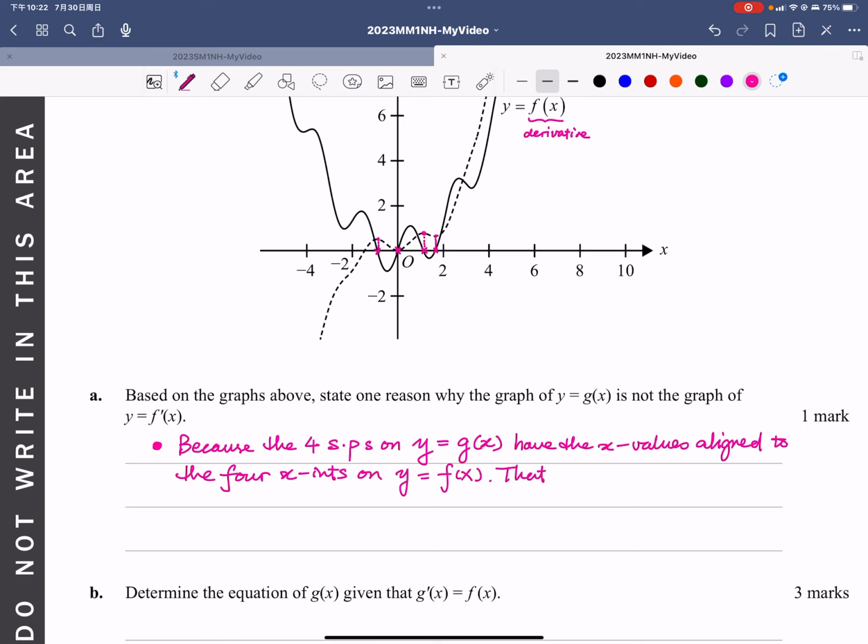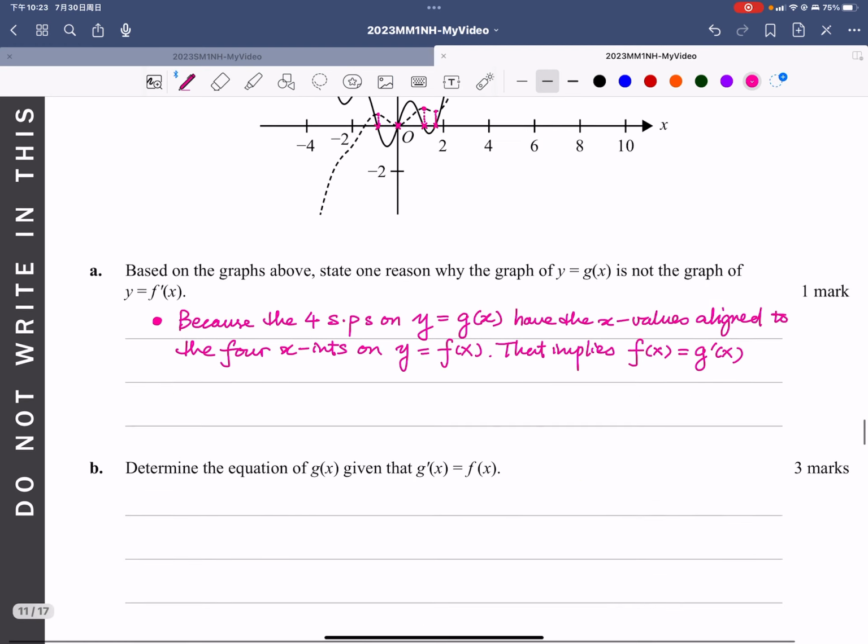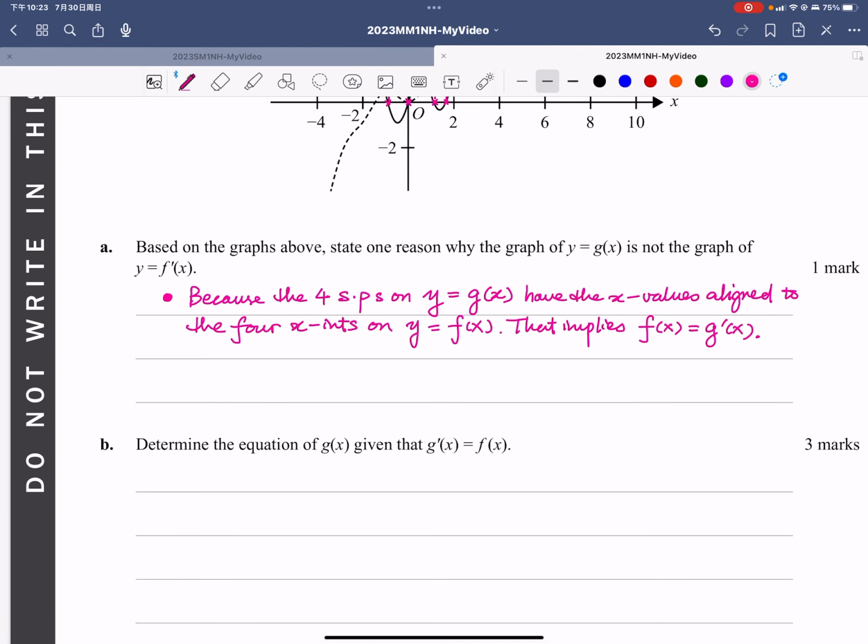That implies f of x equals to g dash of x. Okay, given that g dash of x equals to f of x, yep. So it should be the other way around.